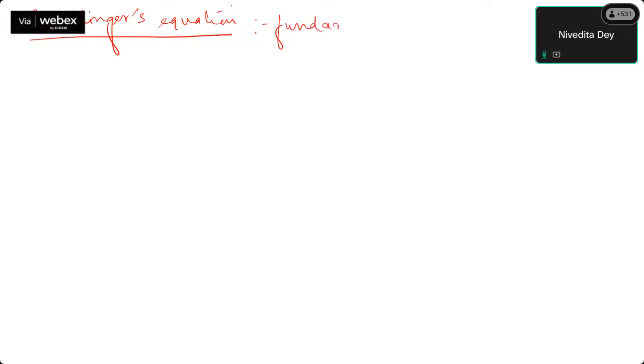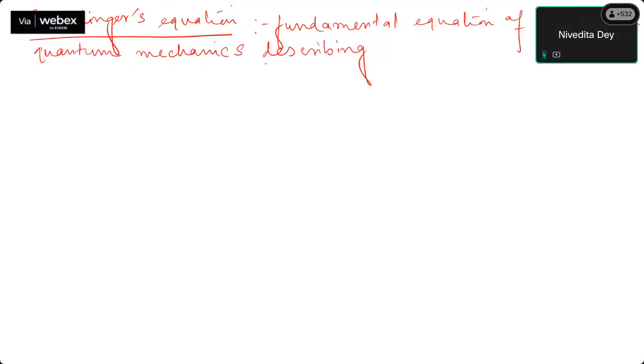This is the fundamental Schrödinger equation, a fundamental equation of quantum mechanics. For now, you should just have the notion of what we can interpret from the Schrödinger equation. That is the primary target.